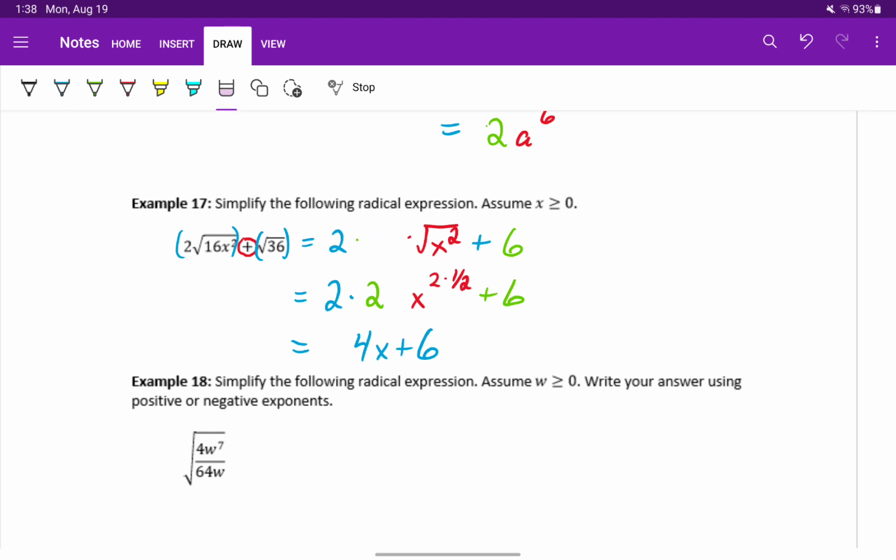And I'm sorry, I just realized I jumped ahead. That should actually be the square root of 16. I completed that square root in my head as I jumped forward but didn't write the right thing, which would make the square root of 16 equal to 4. And then when we multiply those two values together, we would get 8x plus 6.